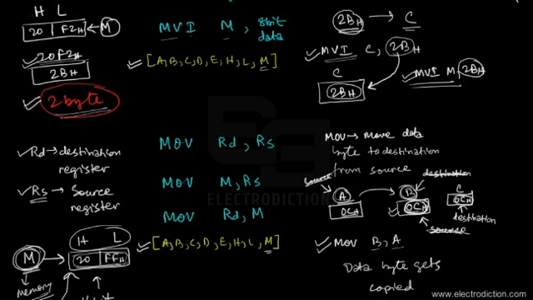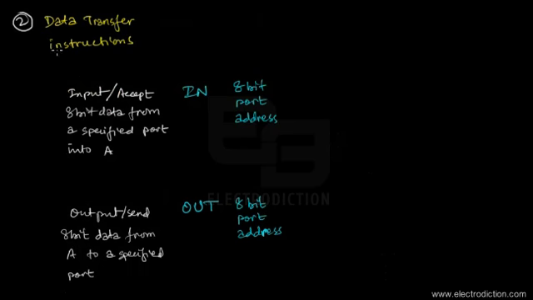Alright, so now we move on to the data transfer instructions. The data transfer instructions include 2 instructions, that is IN for input, and OUT for outputting the corresponding 8-bit data.